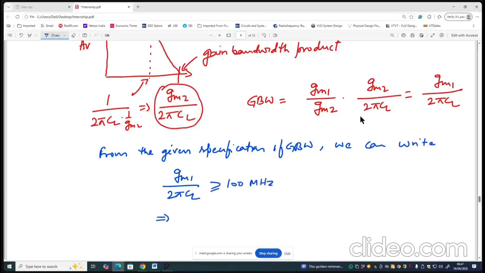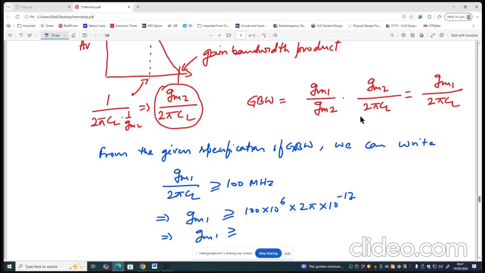And from here, we can get Gm1 shall be greater than or equal to 100 into 10 to the power 6 into 2 pi into CL, which is 10 to the minus 12. Can you work it out and tell me the value of the right hand side expression? So Gm1 shall be greater than or equal to 2 pi into 10 to the power minus 8.